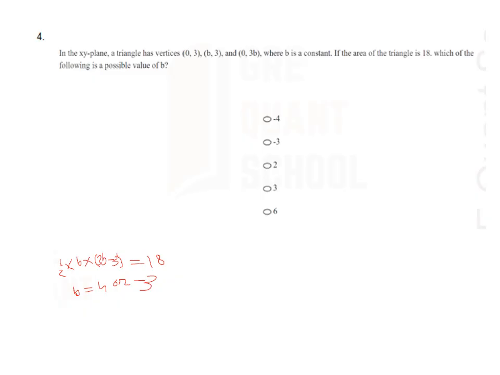And for the formula we are using half, so half multiplied by b multiplied by 3b minus 3 equal to 18. Now to find the base, we can use this equation and b equal to 4 or minus 3. So we do not have any option that is positive 4, so our answer will be negative 3, that is option B.